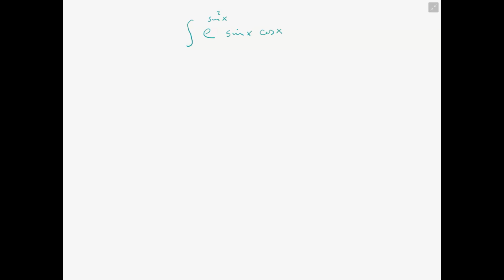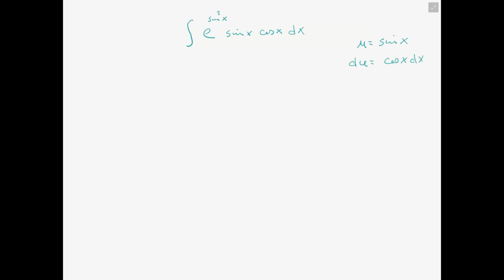This is an interesting one. E to the sine squared x, sine x, cosine x dx. So we're going to make a substitution here.